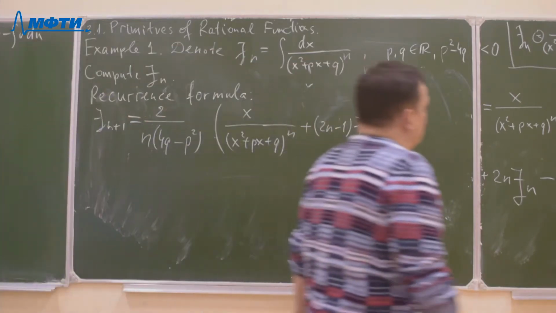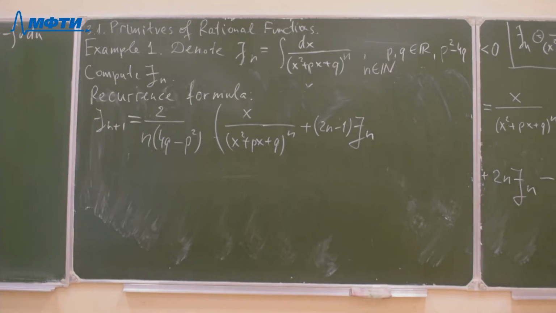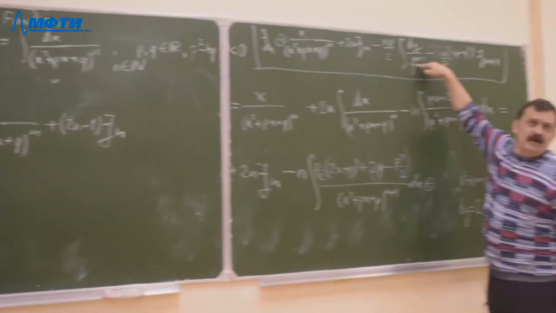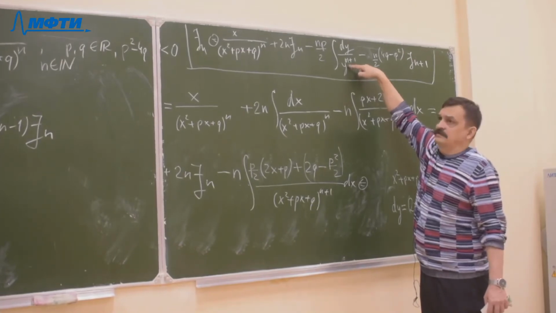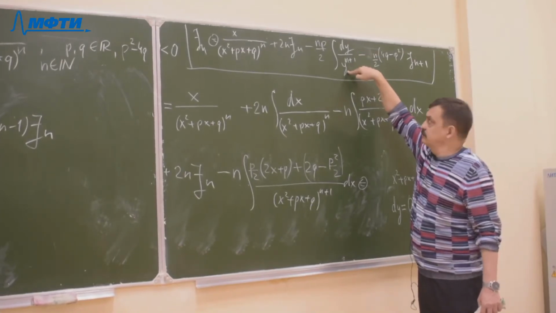And, okay, that integral y to the power minus n minus 1, the integral gives 1 over this term.